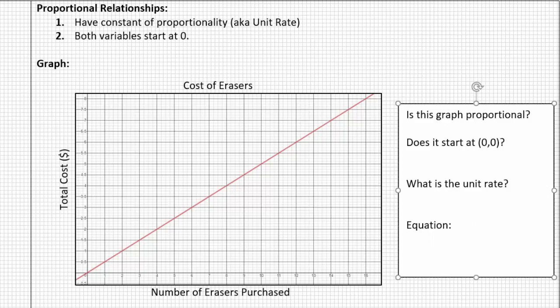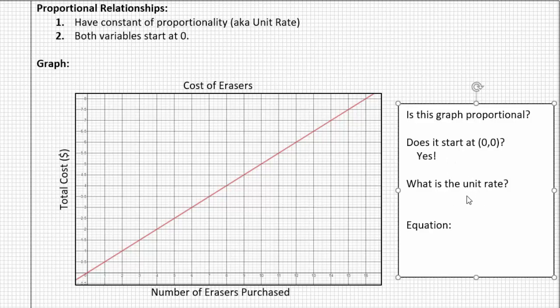Well, I would say yes, because right here in our graph we see the origin where x is 0 and y is 0, and the line for this relationship starts at 0, 0. So yes, it does start at 0, 0. So that's the first requirement.